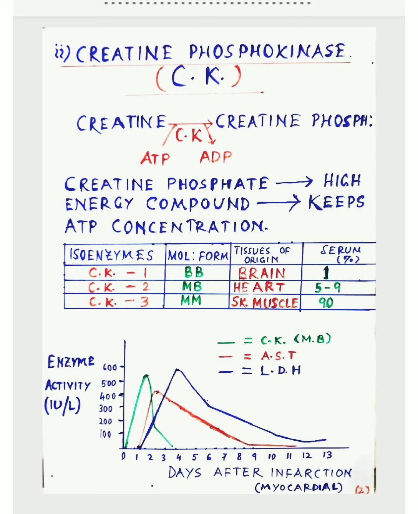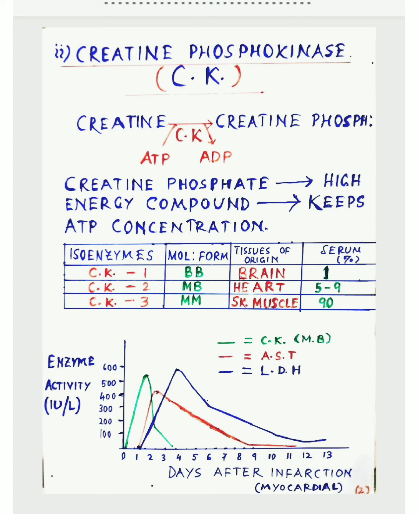These subunits are coded by different genes on chromosomes 14 and 19. The table shows isoenzyme CK1, CK2, CK3, molecular forms BB, MB, MM, tissues of origin brain, heart, skeletal muscle, and serum concentration roughly 1, 5 to 9, and 90%.